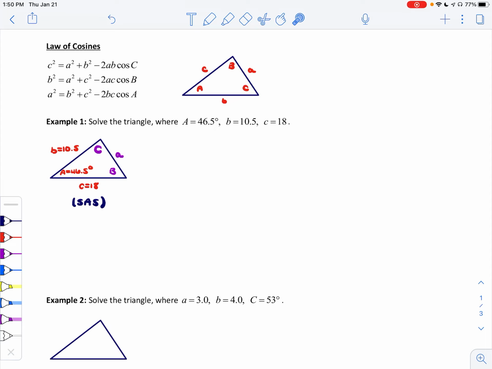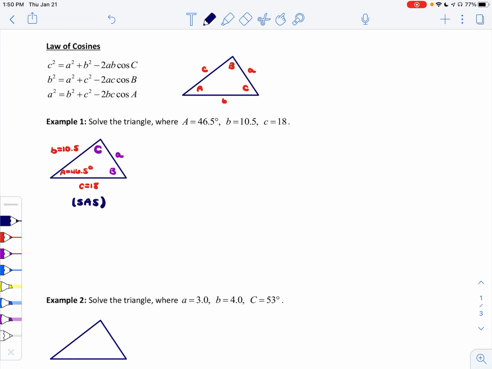Notice that every equation has all three sides, a, b, and c, but each one has just one angle in it. With our information, we only have our angle A, so we're going to use this bottom equation. We have our sides b and c and our angle A that we can plug in, so we're solving for side a to start with.